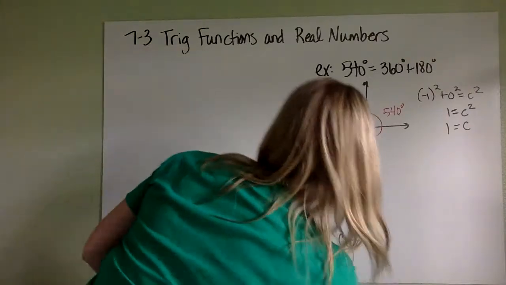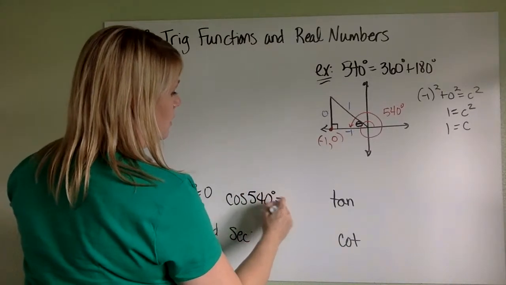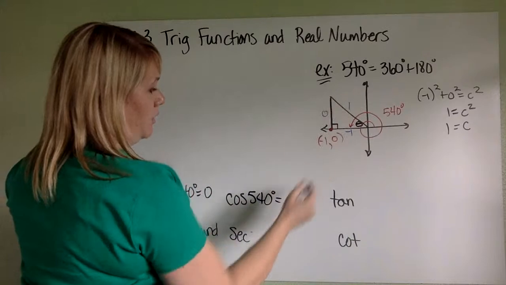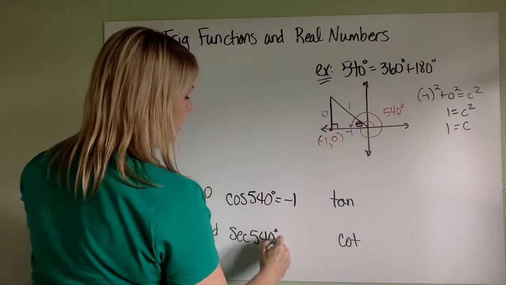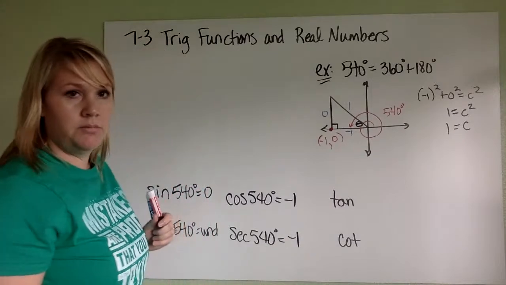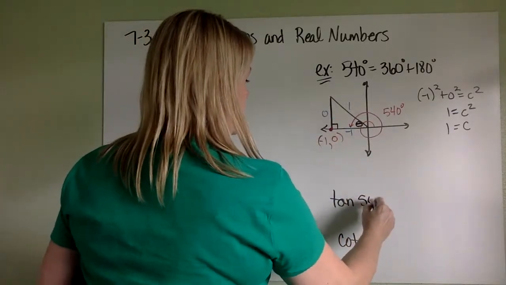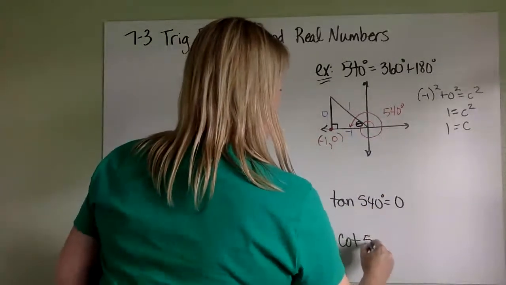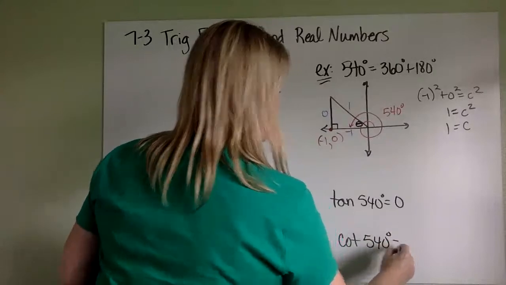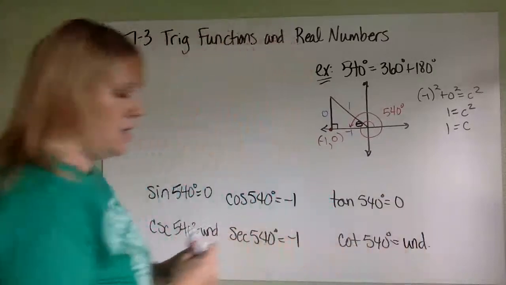Okay, that's better. So the cosine of 540 would be adjacent over hypotenuse, so -1, which means the secant of 540 is also -1. The tangent would be opposite over adjacent, which is 0, and the cotangent, the reciprocal of that, would be undefined.